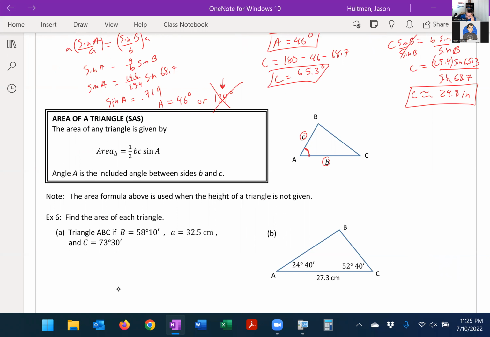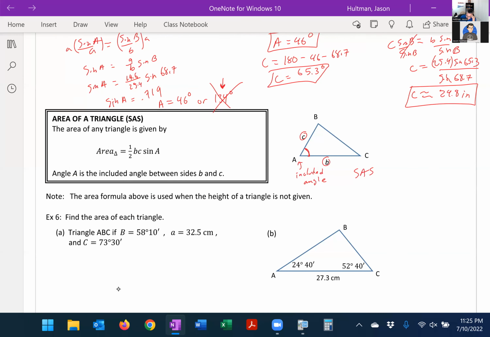The included angle is the angle between two sides. So this angle A, we call that the included angle. So we're going to do SAS here. It's included, right? Side angle side. The angle is in between the two sides.